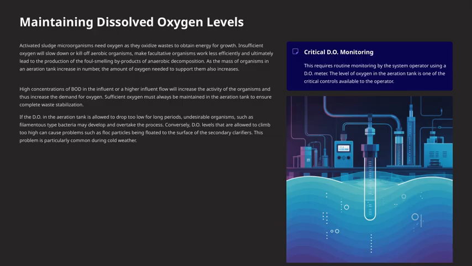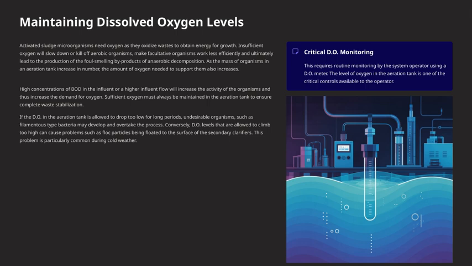As the microbial population in the aeration tank grows, so does the demand for oxygen. Higher concentrations of BOD in the influent or increased influent flow will boost microbial activity and, consequently, oxygen requirements. That's why it's vital to always maintain sufficient oxygen levels to ensure complete waste stabilization.